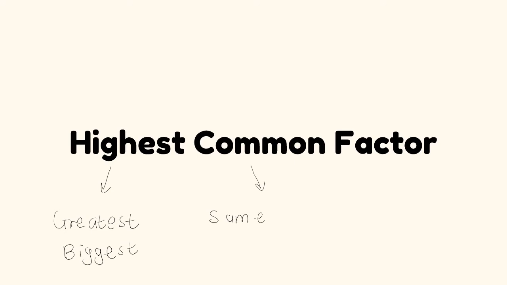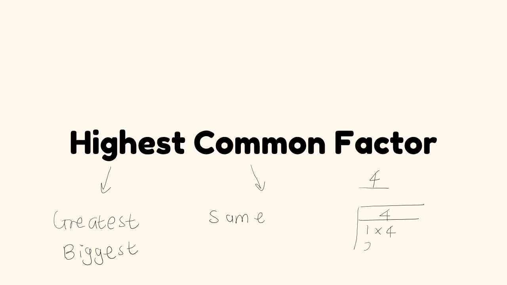So factors, for example, factors of 4. When you're trying to find factors of 4, you will start with writing out the big F. Then you start with 1 times 4 gives 4, and then you think of what are the other numbers when you multiply them together gives 4.